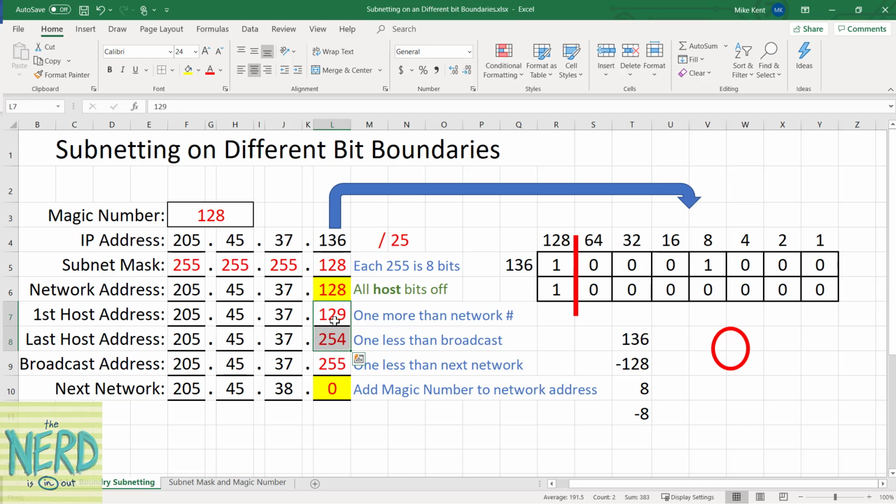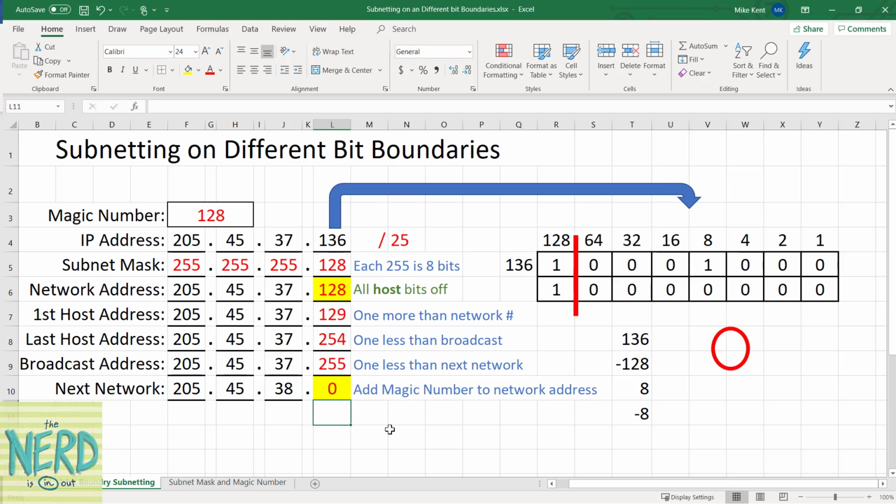So if you look at this range right here, 136 is definitely on that network. So that is how you do subnetting when you're borrowing bits in the last octet. It's the same idea if it's happening here. It's a little bit different. I'm going to make another video where I show that.